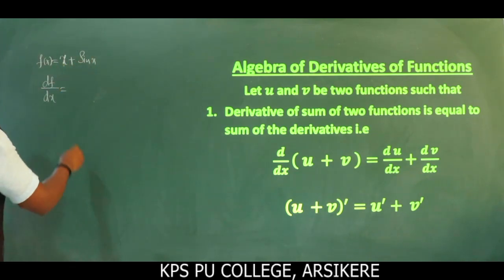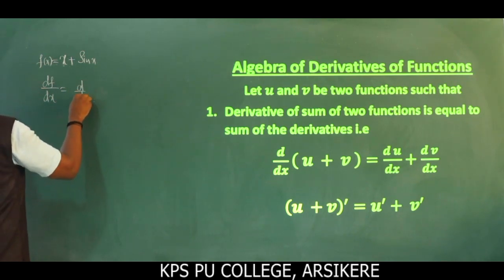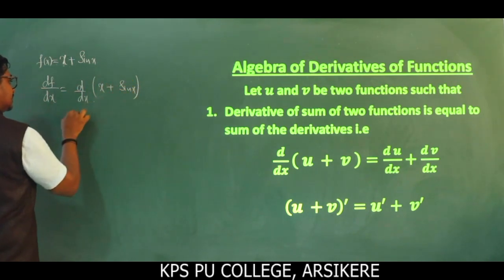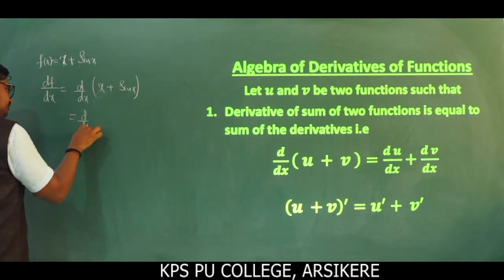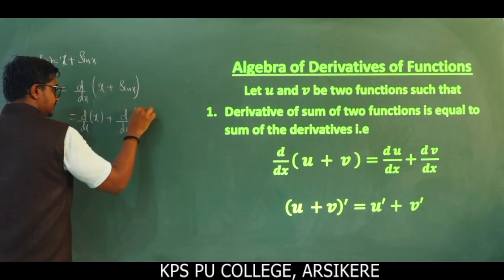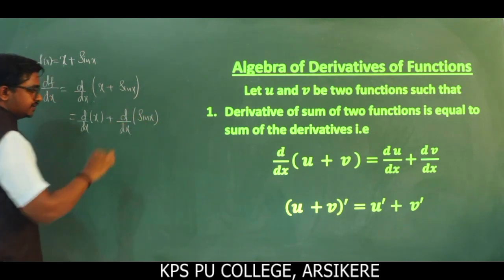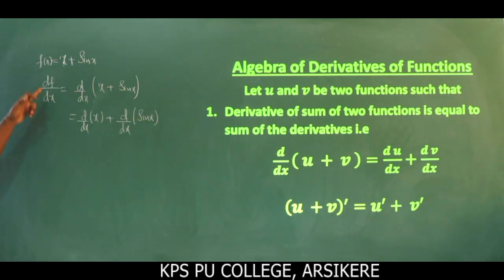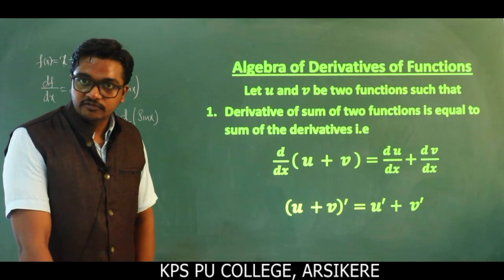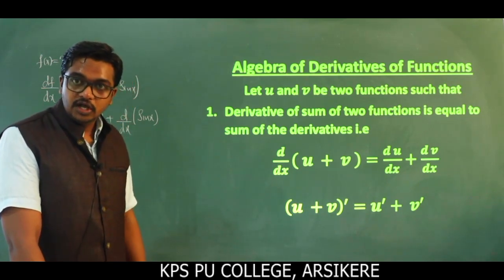So this is equal to d by dx of x plus sin x, which is nothing but d by dx of x plus d by dx of sin x. This is the method. When we are finding the derivative of the sum of two functions, it is equal to the sum of their derivatives. Take your pause and note down.